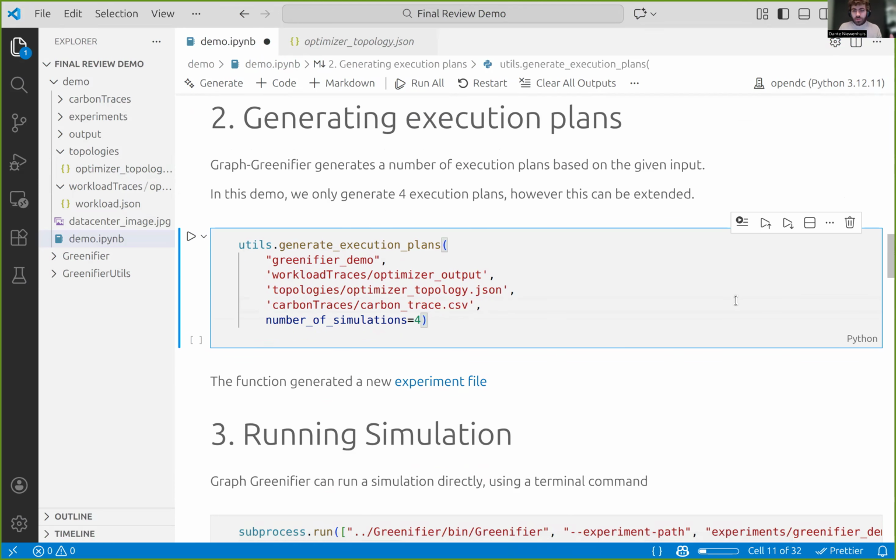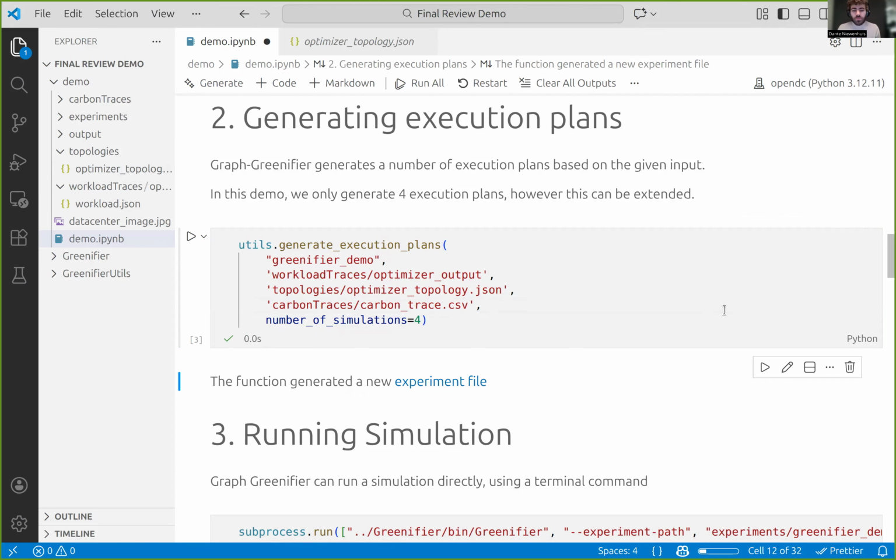In the Graph-Massivizer project, the Graph-Greenifier creates different experiments based on the provided input. This means that while we provided a specific workload and topology, the Graph-Greenifier will generate different ways of executing this workload.